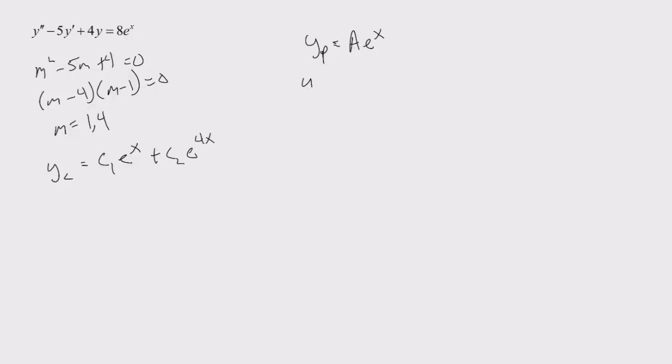So I'll do my derivatives here. So that's a e to the x. My second derivative would be, shockingly, a e to the x, right? Okay. So when I substitute all those expressions in, I still feel like I need to point out where I'm substituting this in.